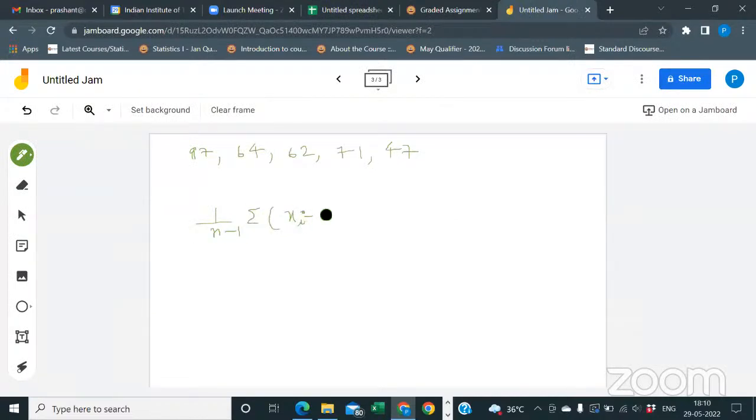Yeah, sir, they have given this. No, it's not this one. I think you are talking about this one, right? No, sir. Actually, see, both are the formula. This is the formula of variance, and this is the expansion of this formula.